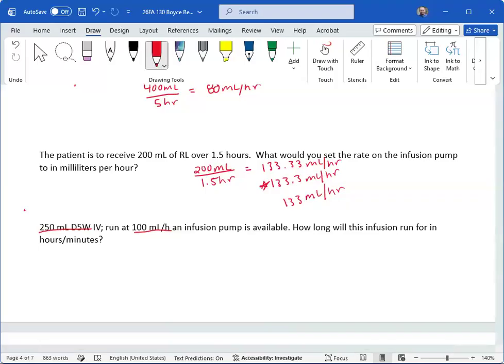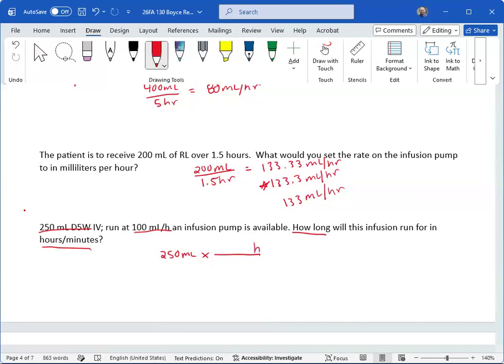And so what I'm going to do is, I always like to start with what is my total volume? So it's 250 milliliters. And when it says how long, we're looking for time. When I'm figuring out how to set something up in dimensional analysis, I always start off with what am I looking for? I'm looking for time, and the time that I have is the hours.